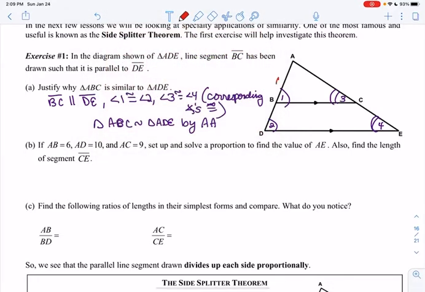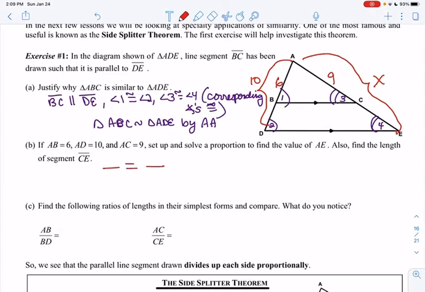So AB is 6, AD, this whole segment, is 10, AC is 9, and they want me to set up a proportion to find AE, which is this whole segment right here. AE, the thing that I'm going to try and find, I'm going to call X. Now, since my triangles are similar, the sides are in proportion.